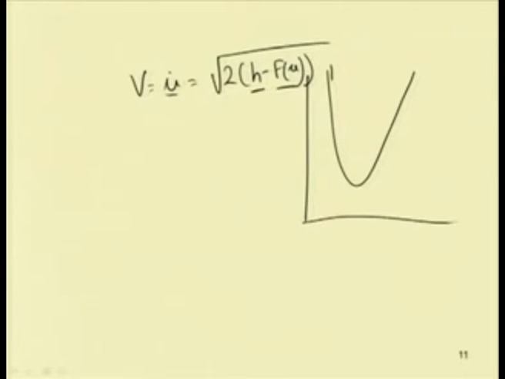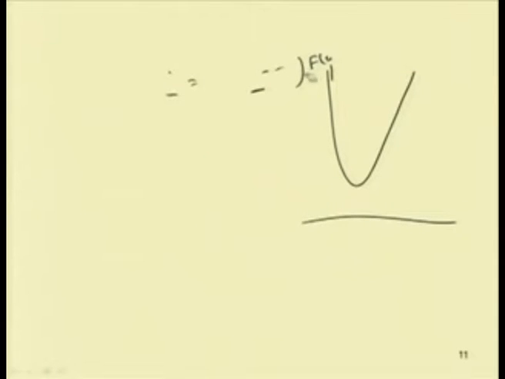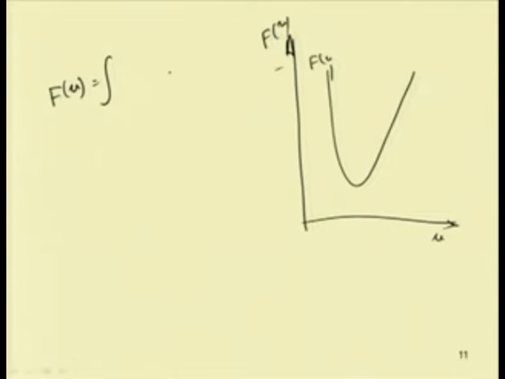So this is F u versus u. Already I told you one can find this F u by integrating f u du, and we know this velocity v, that is u dot, equal to root over 2 into h minus F u.